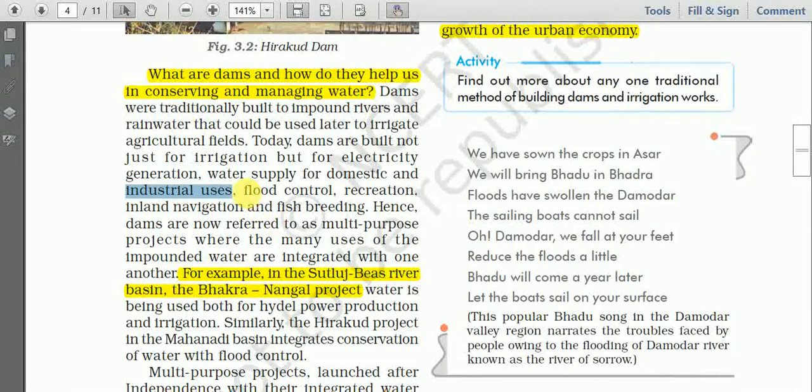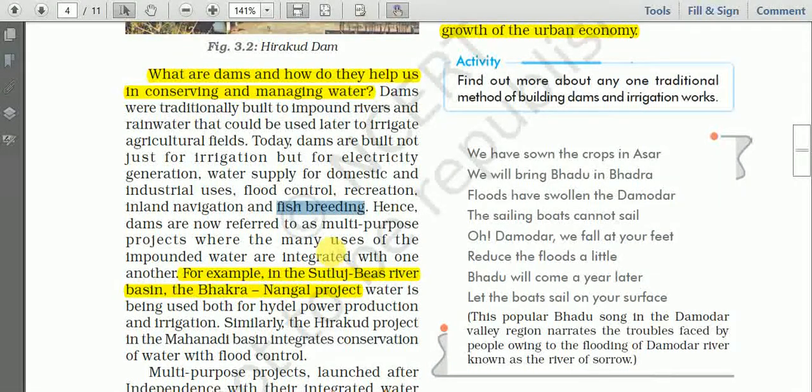Then dams are constructed to control floods and for recreation also. Dams provide scenic beauty, so a tourist spot can be developed and tourism can be promoted. If the dam is big, then inland navigation and transportation on the water can be done, and fish farming and fish breeding can also be done in the reservoir.